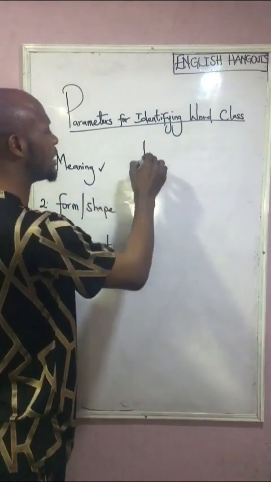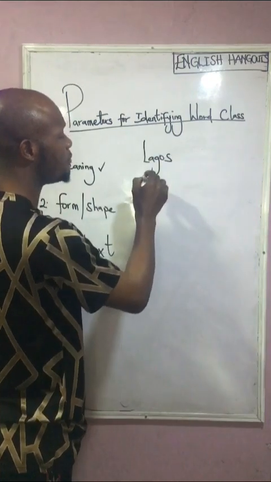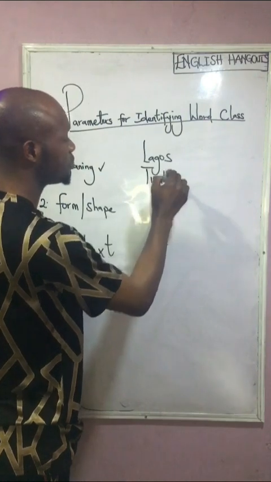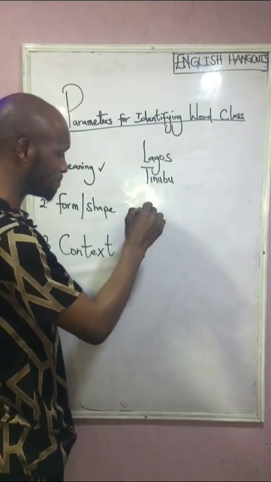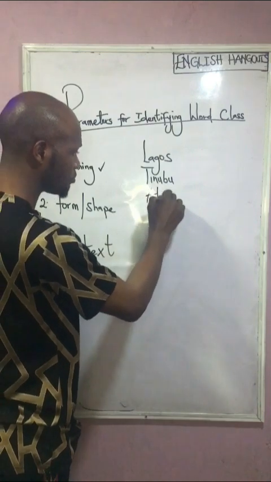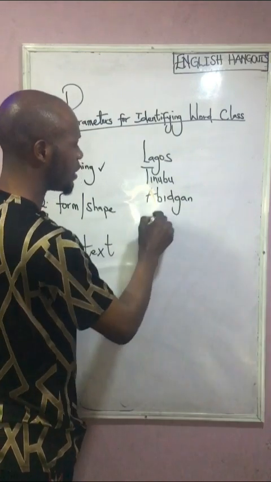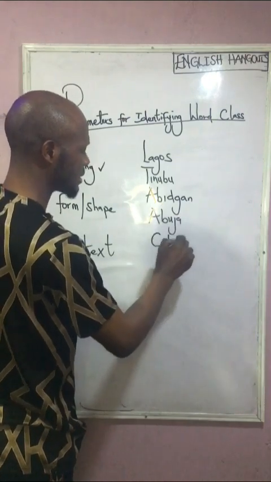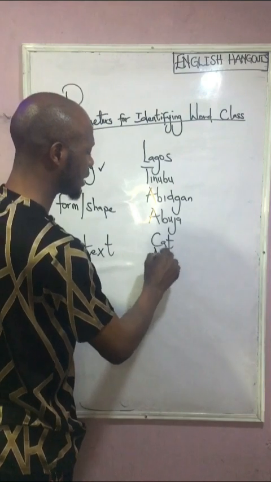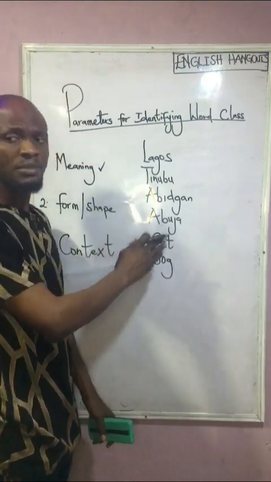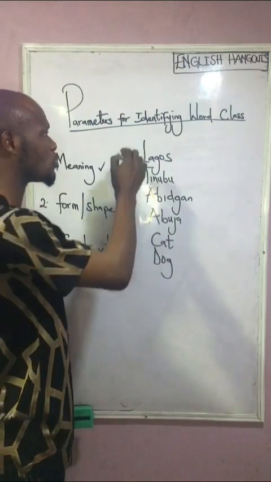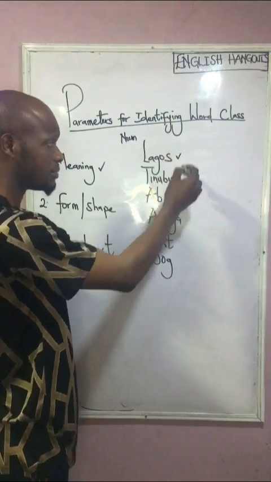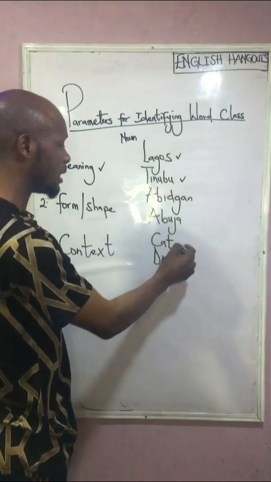If you have words like Lagos, Tinubu, Abidjan, Abuja, cat, dog, all of the items highlighted on this whiteboard are automatically nouns because they are either the name of a place, the name of a person, the name of an animal.